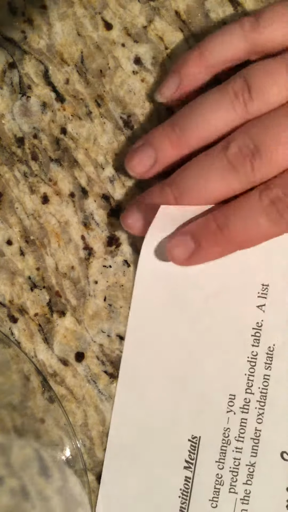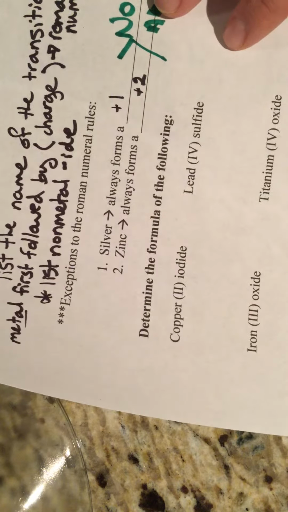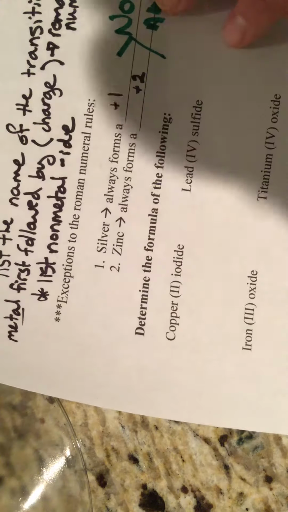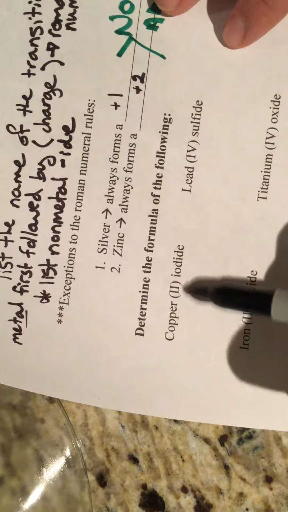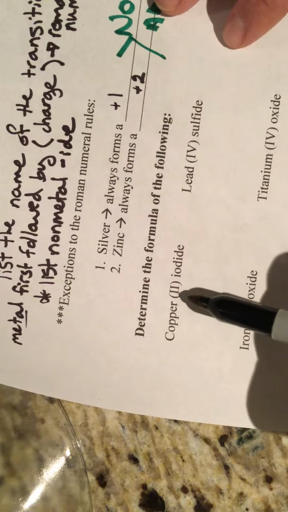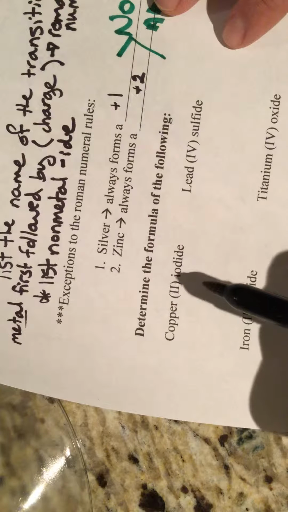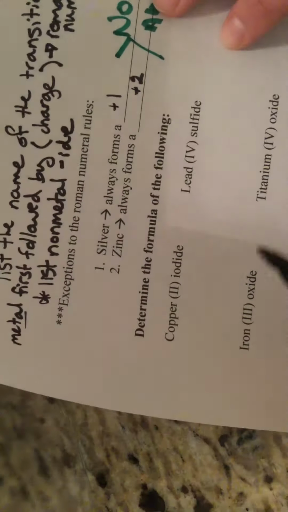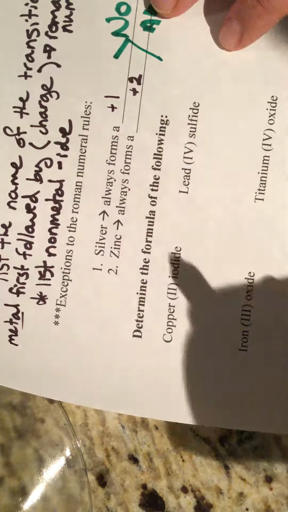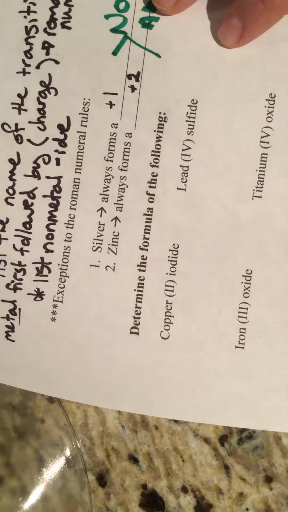All right, so doing exactly what we did yesterday. Again, charges have to equal 0. This 2 right here does not mean how many copper atoms there are. That's the biggest mistake ever. Don't use the Roman numerals as the number.